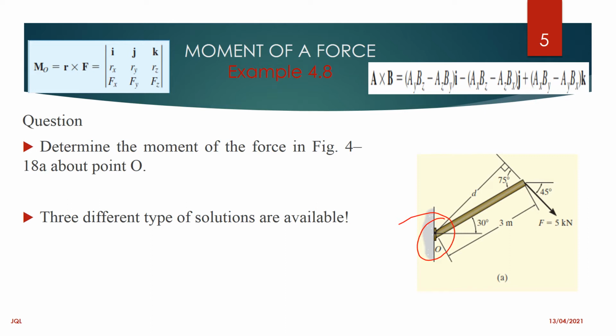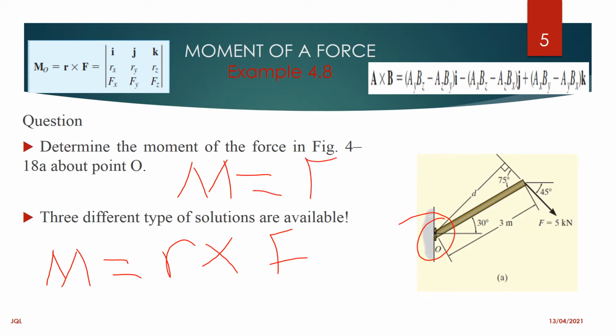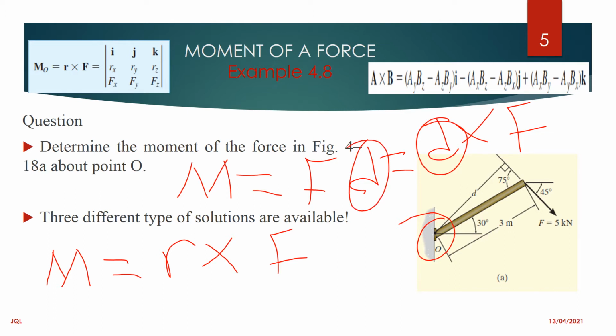When you want to use R, always know that your moment would be R cross F. If you want to use a scalar method, it will always be your moment F times D. It doesn't matter whether it is D times F. Make sure that this D is perpendicular, which happens to be this distance. You are using a scalar method.